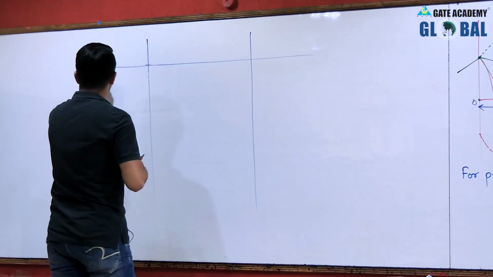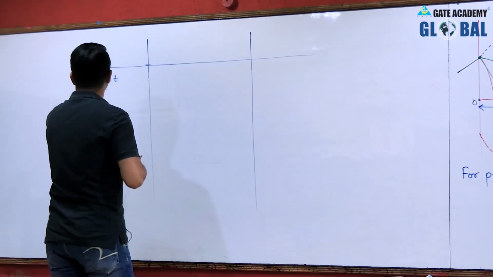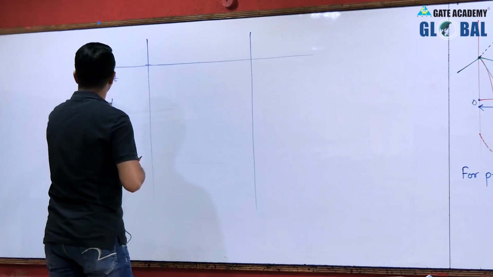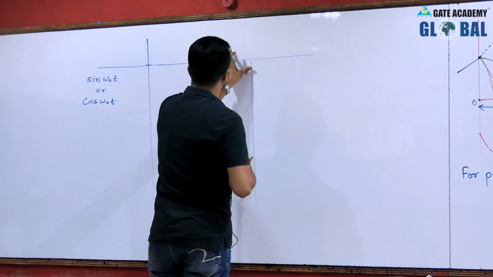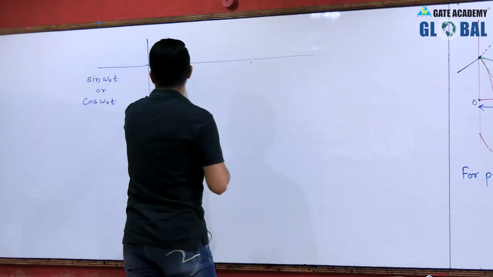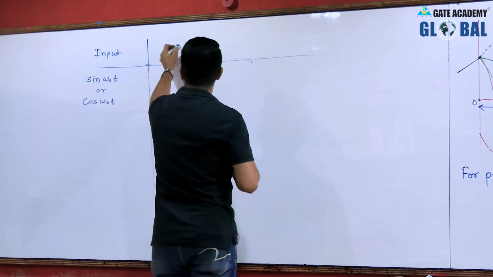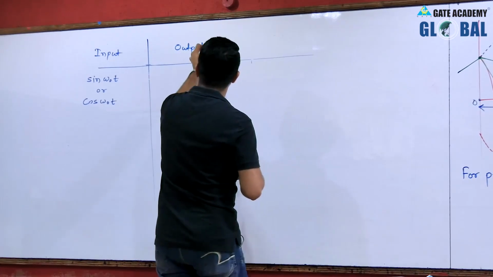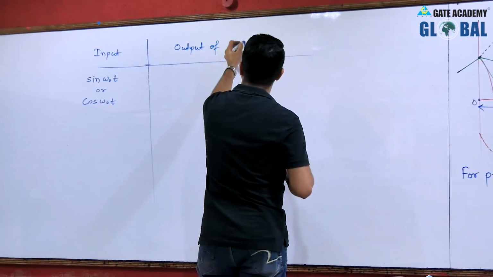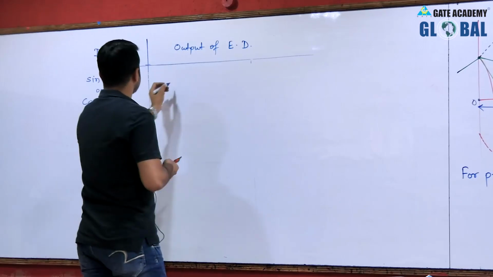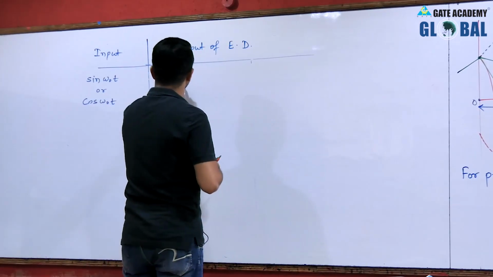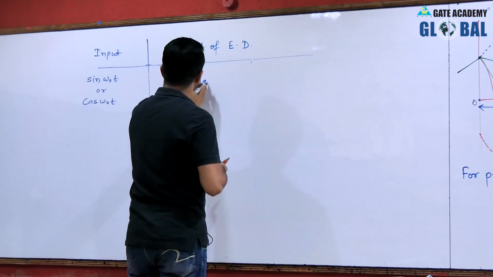I am giving input sin omega naught t or cos omega naught t. This is the input and this is the output of the envelope detector. In this case we get a DC signal or constant.